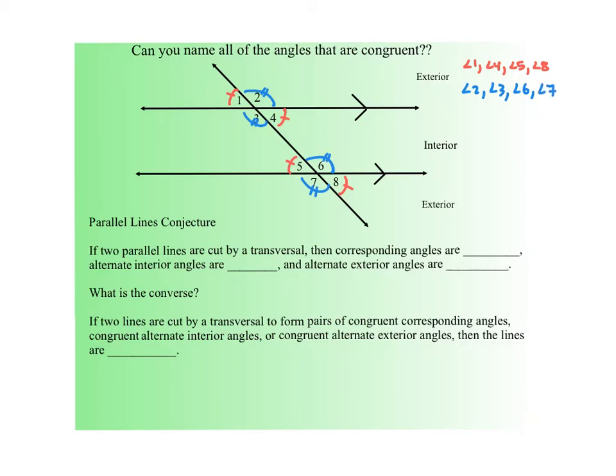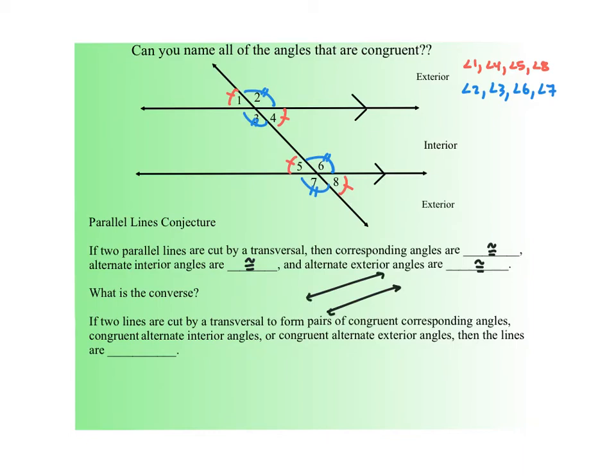Okay, let's look at the parallel lines conjecture and then its converse. If two parallel lines are cut by a transversal, then corresponding angles are congruent. I'm going to use the symbol here just to save some time. Alternate interior angles are congruent, and alternate exterior angles are also congruent. Now looking at the converse, let's look at the diagram for the first.